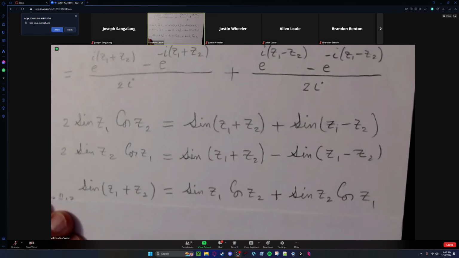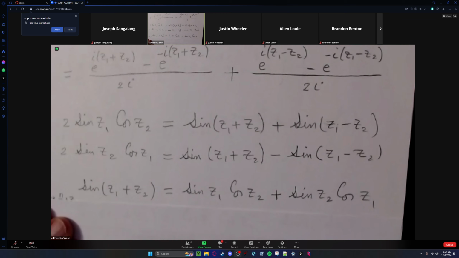It is familiar. It's pretty much the same thing that we had in trig. Now, sine of z1 plus z2 is sine of z1 cosine z2 plus sine of z2 cosine z1, all right?